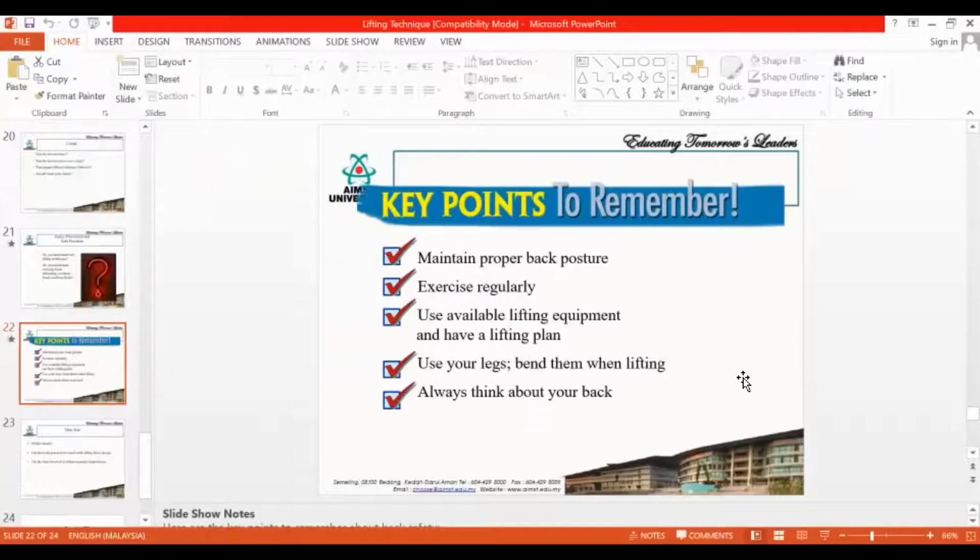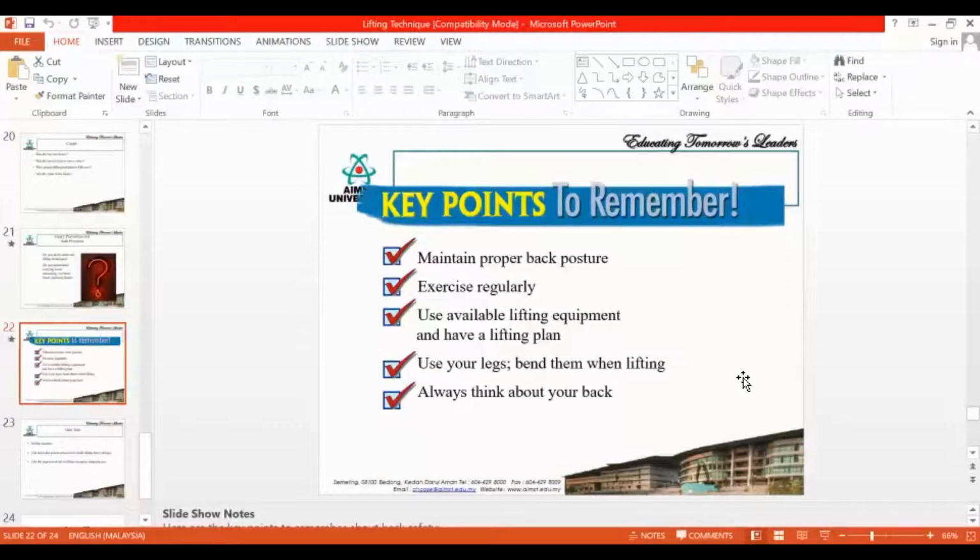Okay, so this is about lifting the object. Any doubt so far? No, miss. Okay. So in the OSCE, how will the questions be?